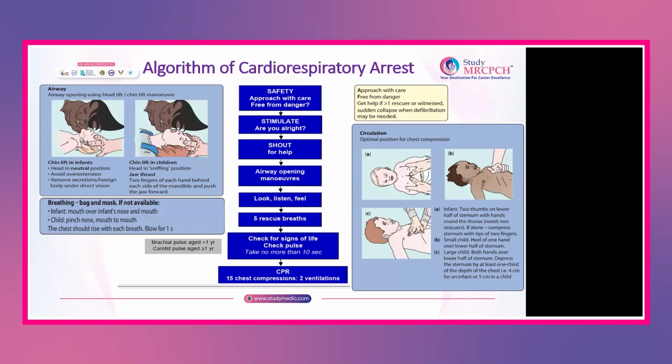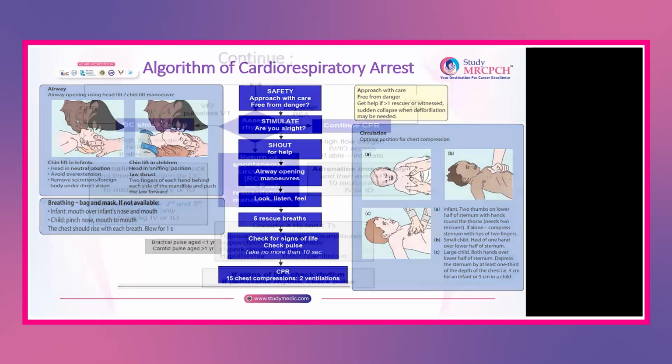How can we do chest compressions? Here we demonstrate: for the older child, we use both hands. For the infant, we have two techniques, either encircling or one hand, and the two-thumb technique, I think, is no longer used except in the neonatal age group.